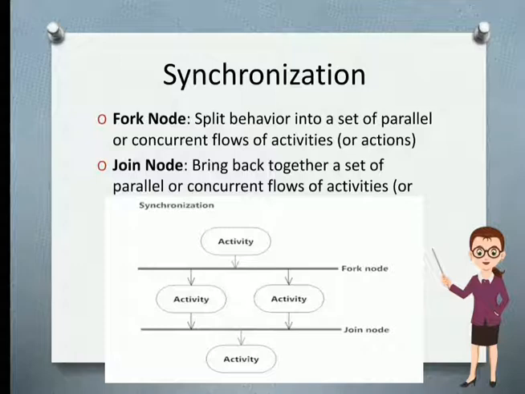So the first activity and these two activities are the parallel activities. Before that we use a fork node, the parallel activities are shown, then they are joined using a join node, and then a single activity is represented. So fork and join are used to represent parallel and concurrent activities.